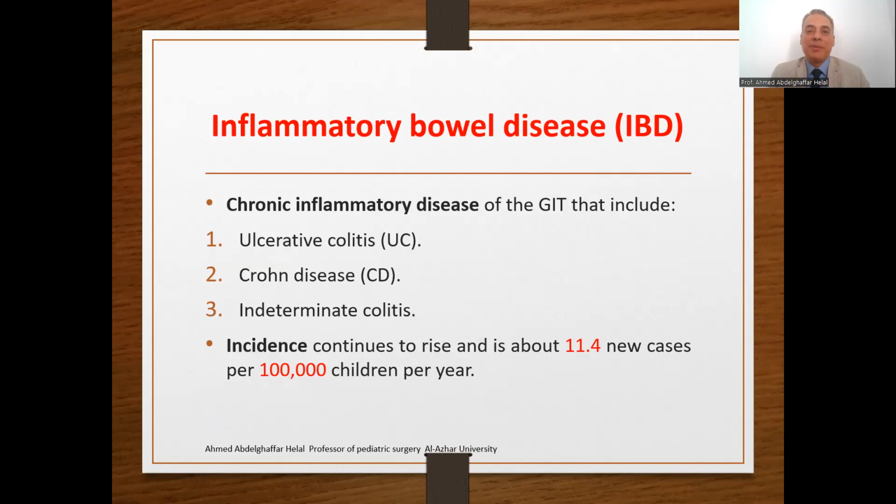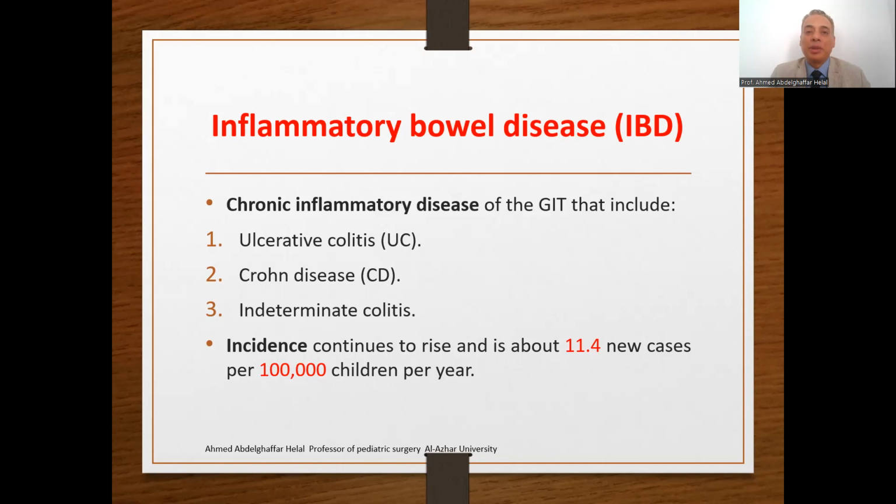There is an inflammation and ulceration of the colon mainly, starting in the rectum and spreading proximally to affect the colon. Number two is Crohn's disease, a type of granulomatous disease affecting mainly the small bowel and also may affect the large bowel or any segment of the gastrointestinal tract.